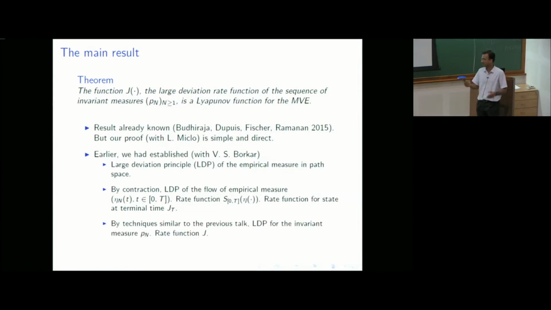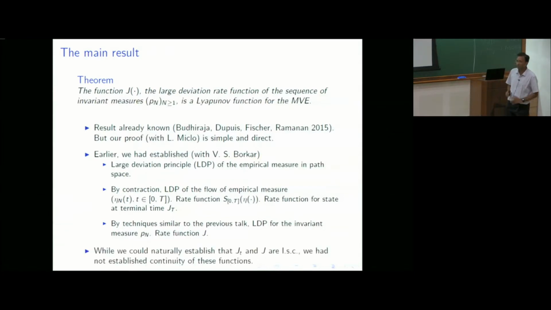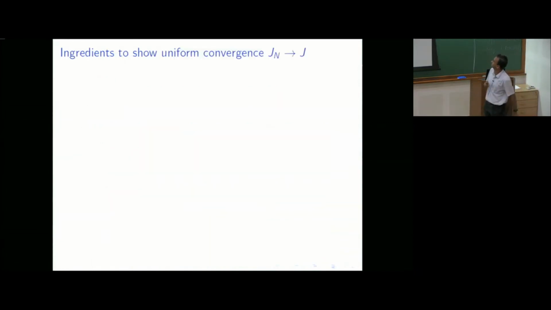And we also looked at the large deviation principle for invariant measure, and that rate function is essentially the J. But the issue was, while we could prove all of these, the approach that we took was different from the approach that Borkar had in his previous talk. And so we couldn't establish continuity, which addresses the question that you also asked. In his case, there was continuity, but the approach that we had could only establish lower semi-continuity. So we had to establish continuity to be able to pass to the limit and use the J as the Lyapunov function.